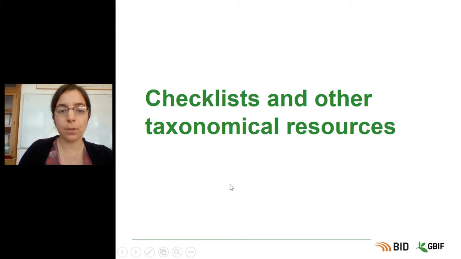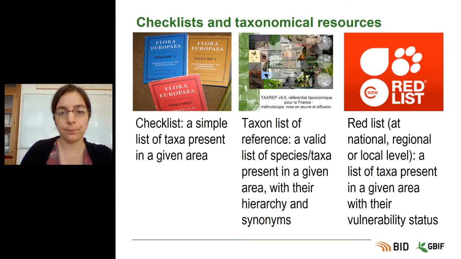So first, one of the types of data that we can work with are checklists and other taxonomical resources. So what is a checklist or a taxonomical resource? A checklist is a simple list of taxa present in a given area.